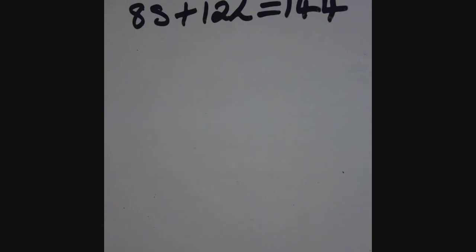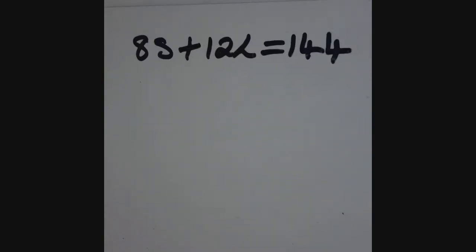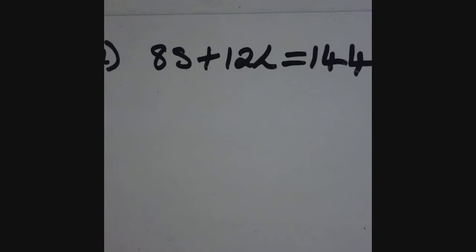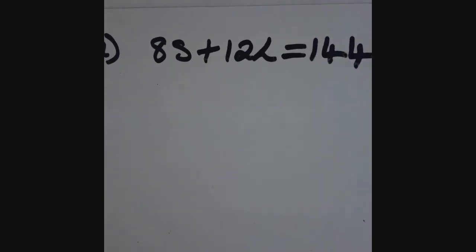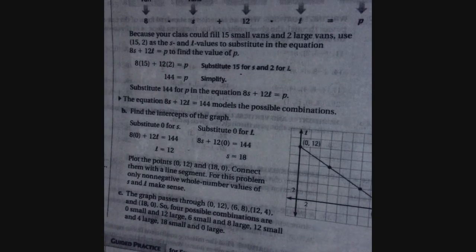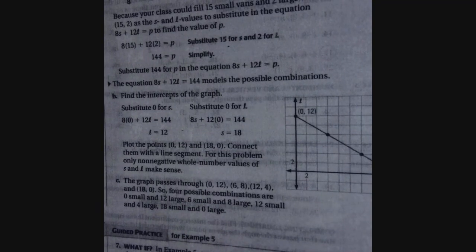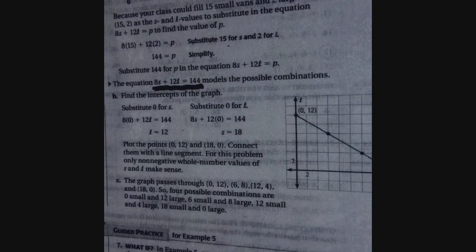All right, so I'm going to use the A part here to go ahead and graph the equation, but I'm going to use what we have here and we're going to look at it because it's nice and easy to look at the one that they've done. Okay, so when we go ahead and we plug in, all right, so we've got the 8S plus 12L equals 144.